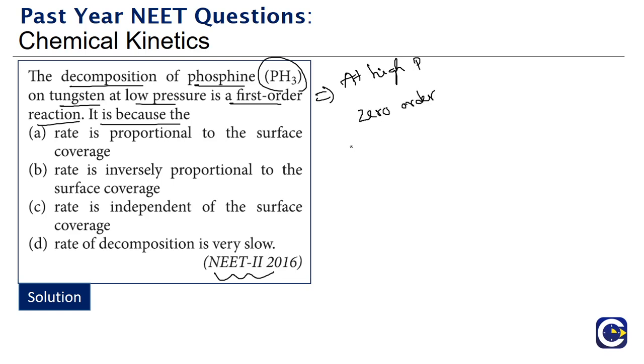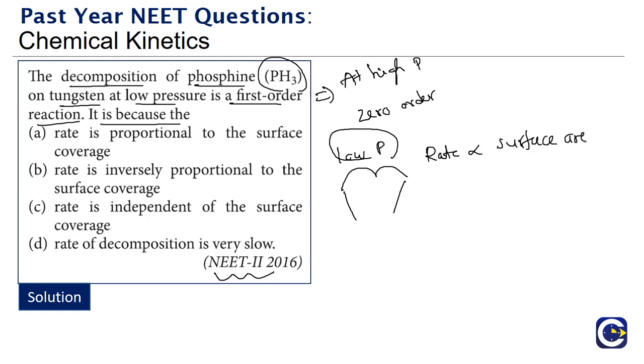Means it does not depend on the overall concentration of the phosphine. Why? Because if you look at the tungsten filament at low pressure, the concentration of the phosphine on the tungsten filament surface will be limited, and we see that the rate is proportional to the surface area that is covered.